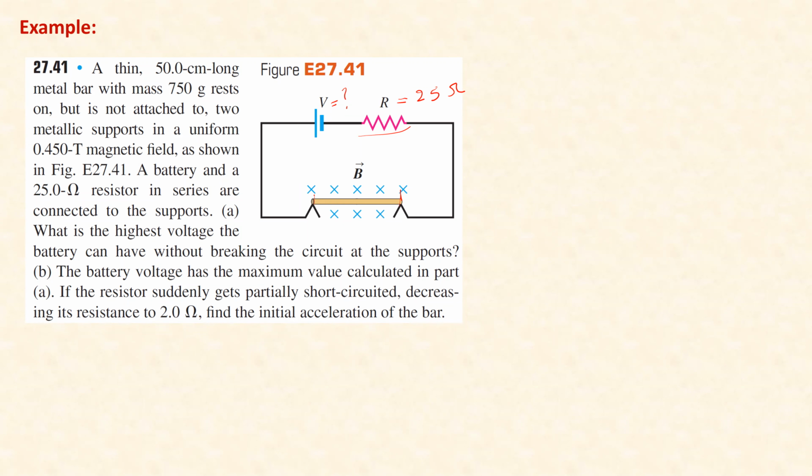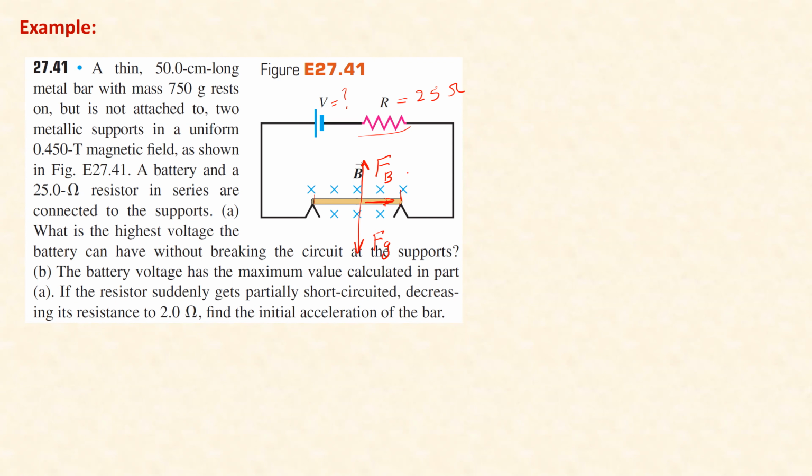How would this leave the support? It has 750 grams, so gravity is pushing it down. The magnetic force, which is I cross B, you see this is I, B is into the page. If you use the right-hand rule, you see that there's a magnetic force, F_B, pushing it up. This is F of gravity, that's F of B.